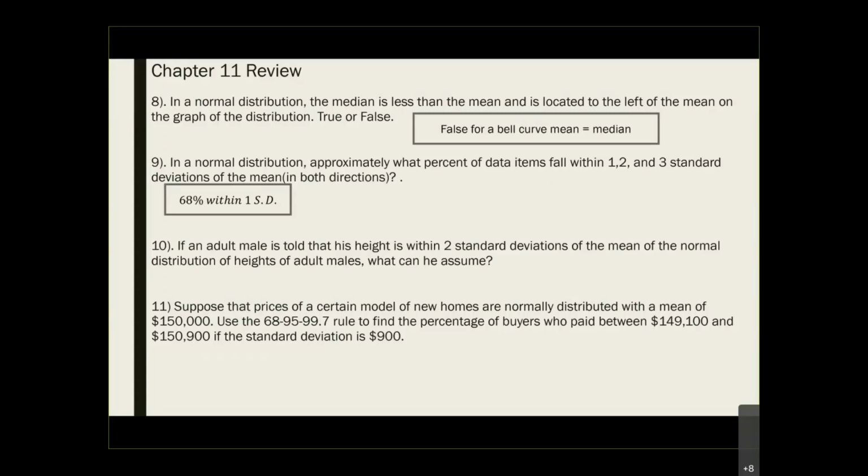I had a typo. 68% is within 1 standard deviation. 95% is within 2 standard deviations, and 99.7%, not 97.7, guys, is within 3 standard deviations. When I typed this I saw something was wrong, but I was running out of time. But again, 99.7, not 97. Okay, that's your empirical rule.